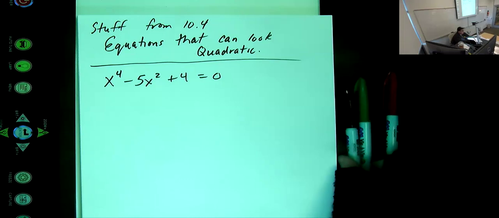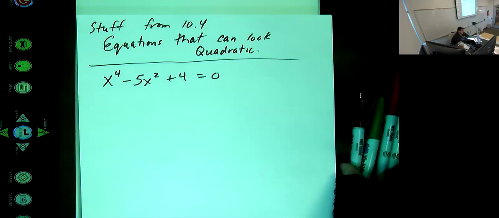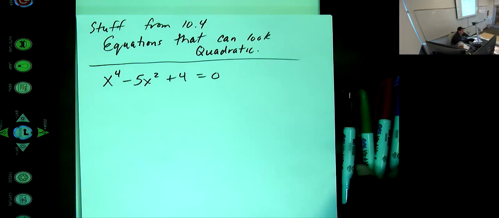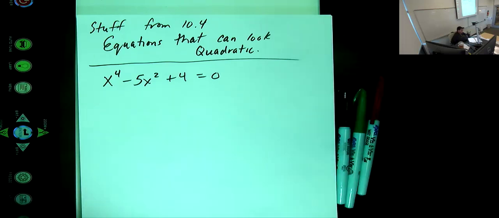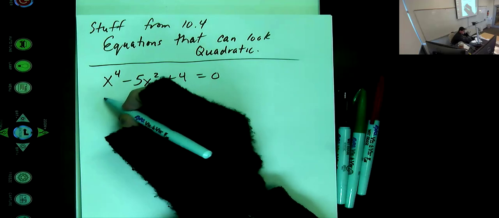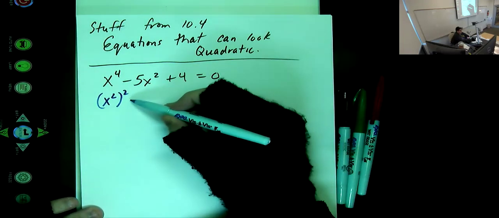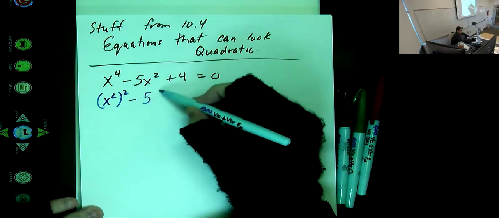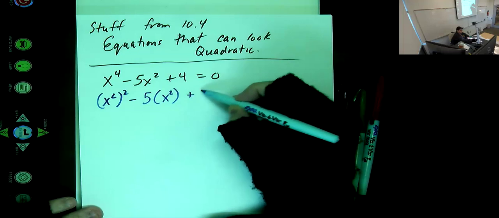And you're like, hold the fort. There's an exponent with a 4. That is not a square, that's a 4. Right? But x to the fourth is x squared squared. Minus 5, we have an x squared here. Plus 4 equals 0.